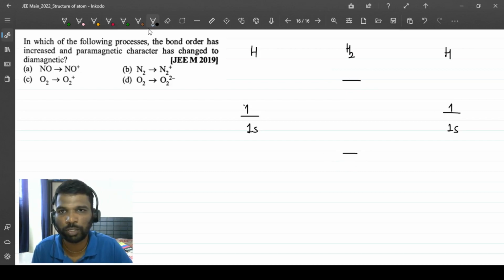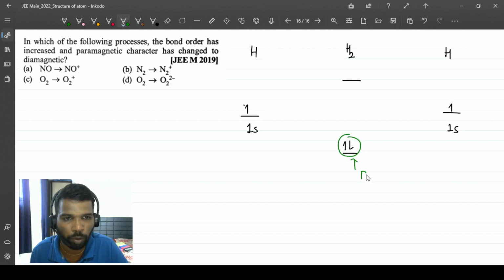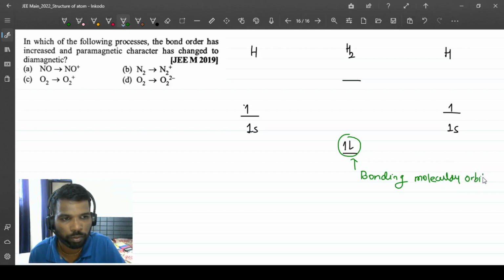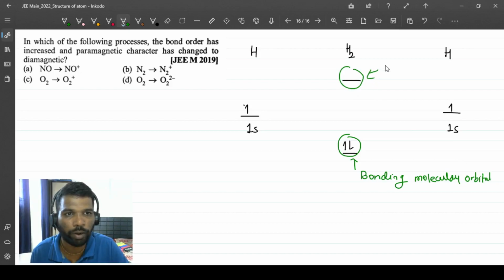So here if you see, there are two electrons, so first the electron will go to the lowest orbital. This is called the bonding molecular orbital, and this is called the anti-bonding molecular orbital.